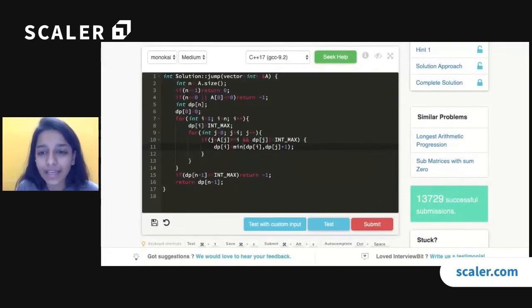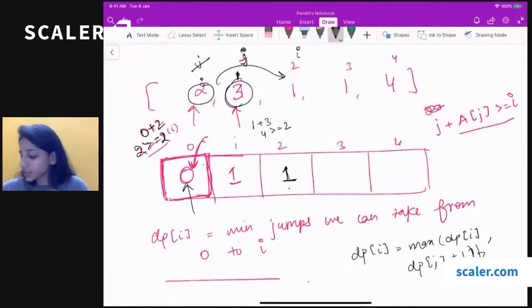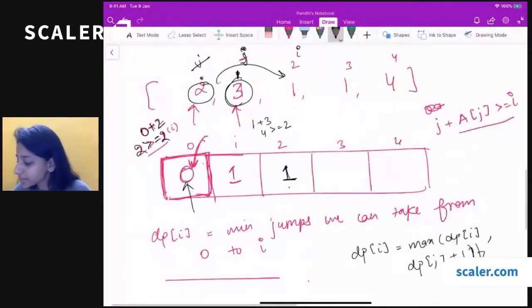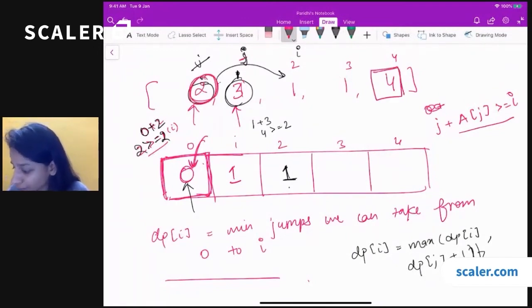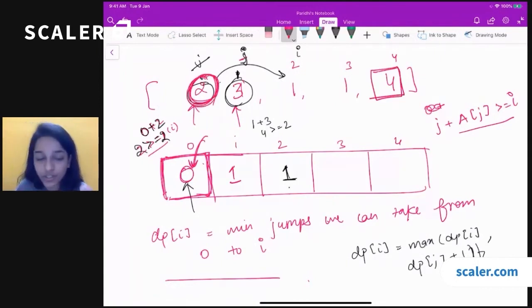So Alind, we are adding a of j to j because we are checking whether from the jth position we are able to go to i or not. Why are we doing j plus a of j? Because we are checking whether from some position we will be able to go or not. If we are at this position and we are trying to jump to this location, we won't be able to go because we can only take at most 2 steps.